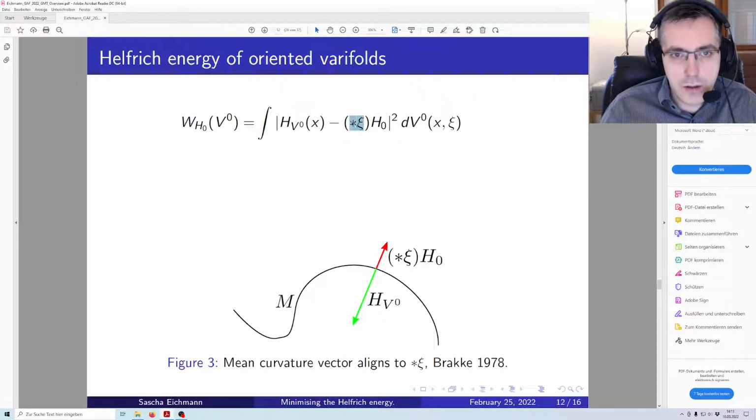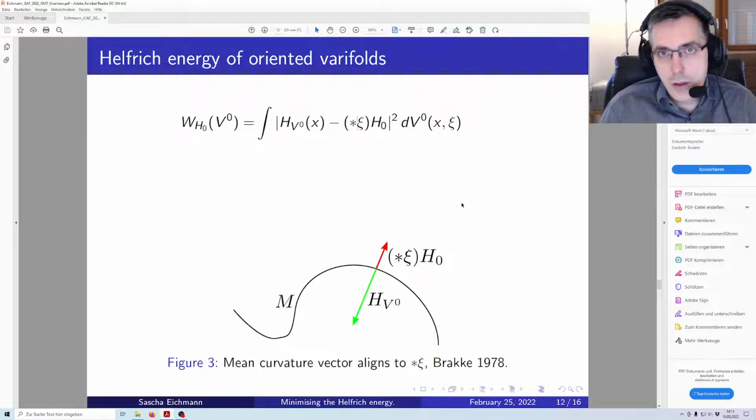Psi over here is orientation, and this star operator here is called the Hodge star dual, which essentially transforms this psi to the corresponding normal vector of the subspace. Or in more basic terms, it is a cross product between the orthonormal basis vectors.